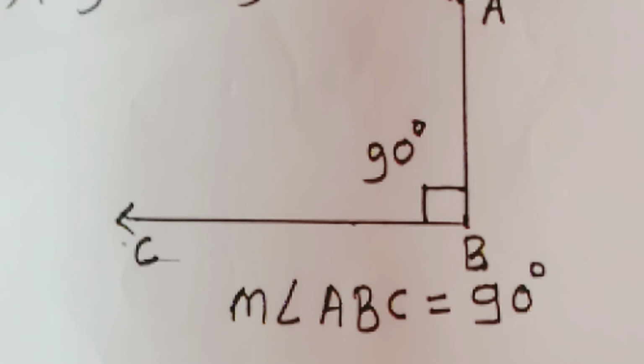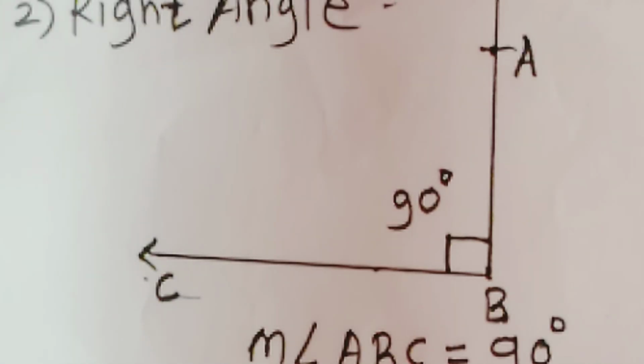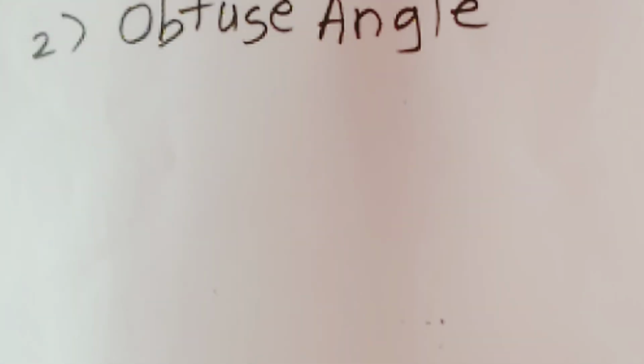So next one, the last one, is obtuse angle. So students, what is meant by obtuse angle? Obtuse angle means the angle which is greater than 90 degree but less than 180 degree. So we have to draw an obtuse angle.